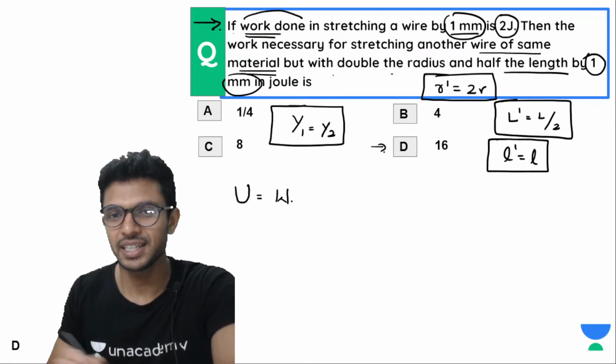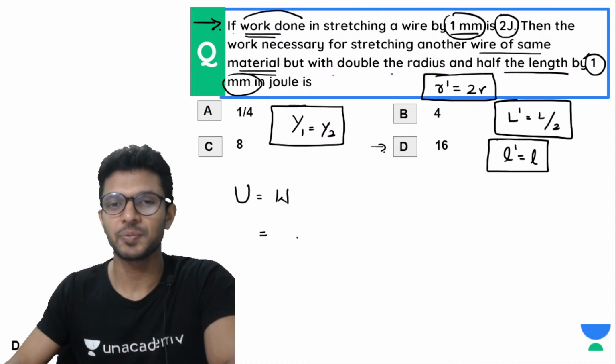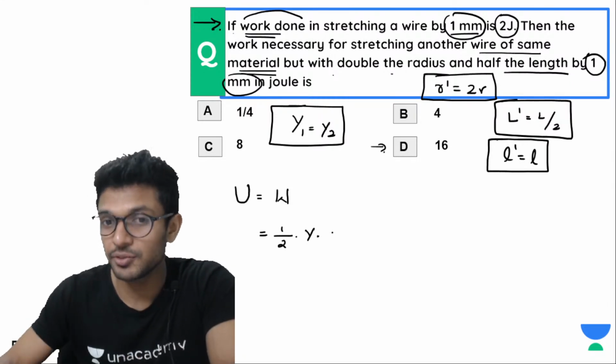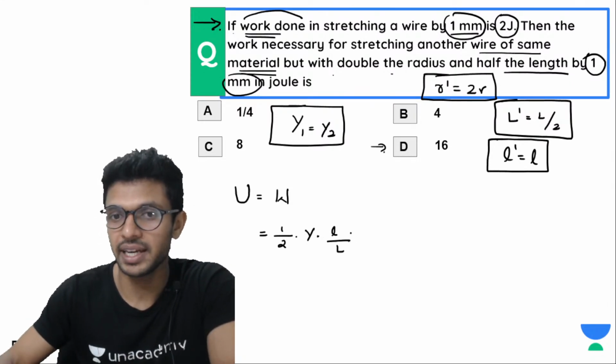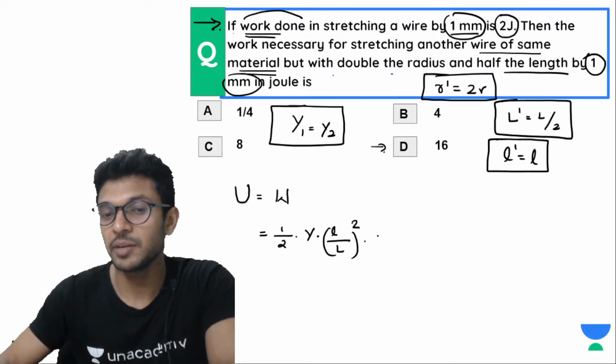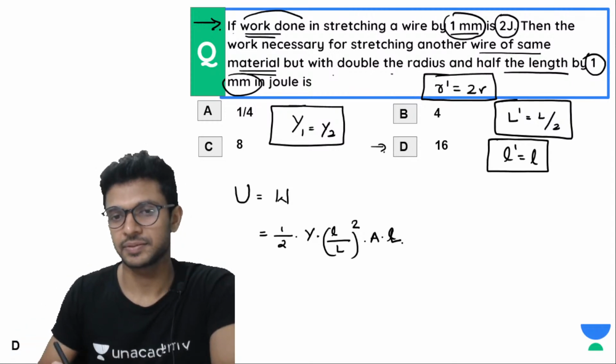Simple concept. Now, just equate the value of potential energy right now. What is the formula for potential energy? Half into Young's modulus into square of the strain, that is small l by capital L the whole square. This became energy density multiplying by the volume, that is area into length.